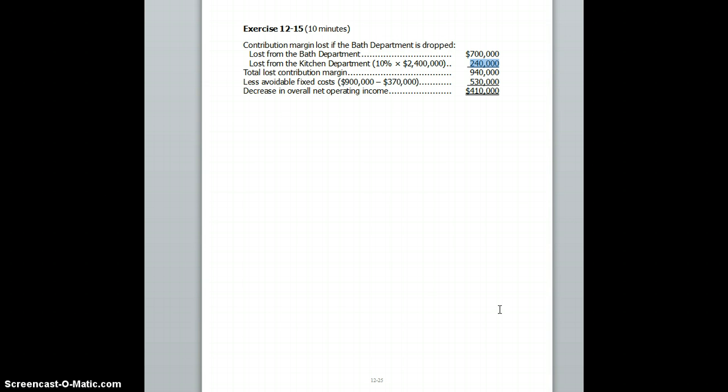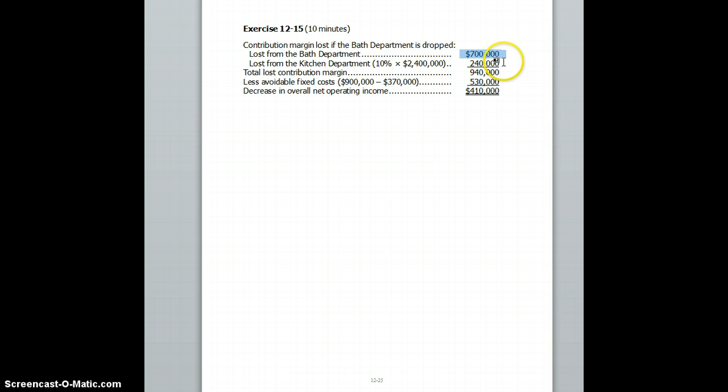What we need to do in a problem like this is compare what contribution margin we're going to lose from dropping this segment versus what amount of cost we're going to lose by getting rid of this segment. When we isolate the bath department, we find that by getting rid of it, we will get rid of $700,000 of contribution margin.